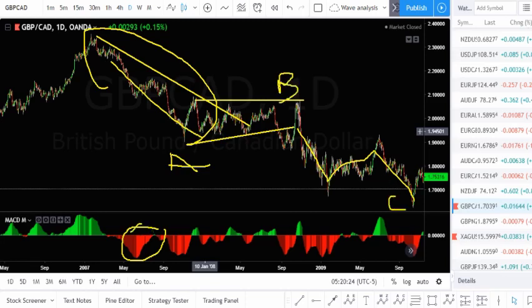So what I'm trying to say, guys, is if you see a very sharp peak on your MACD, the chances that you are forming the ABC are quite strong.